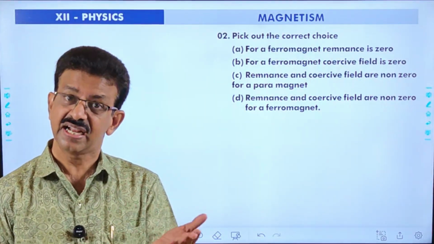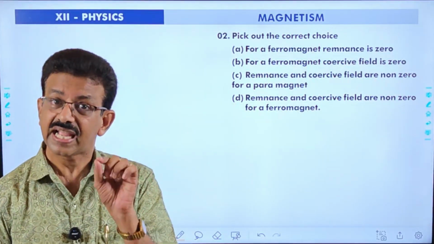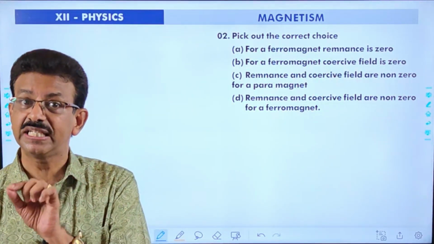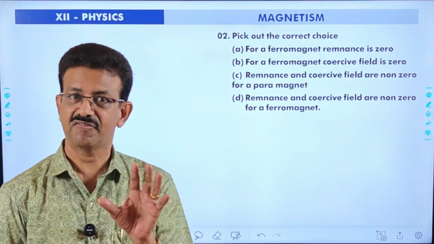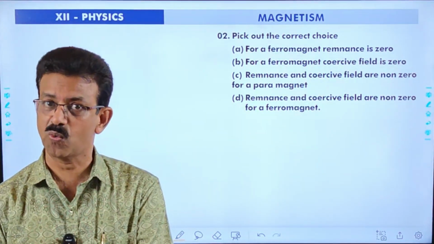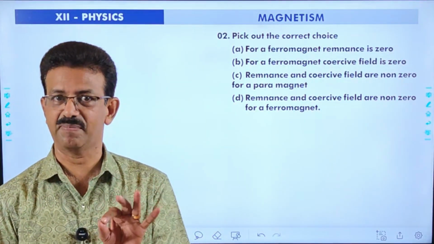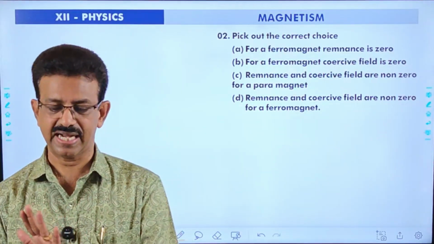Magnetization is very high, decreases as the temperature increases, and exhibits the phenomenon of hysteresis. The phenomenon of hysteresis is applicable only for ferromagnetic material. The best examples for ferromagnetic materials are iron, cobalt, and nickel.